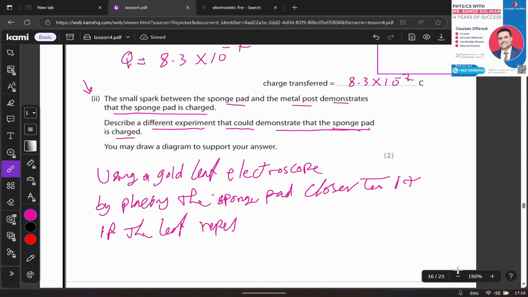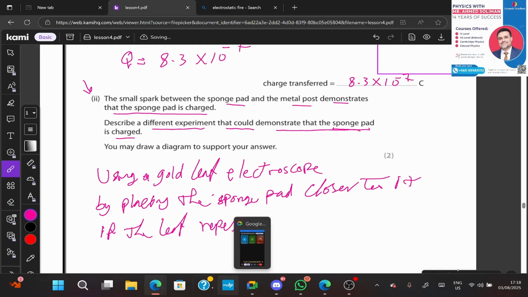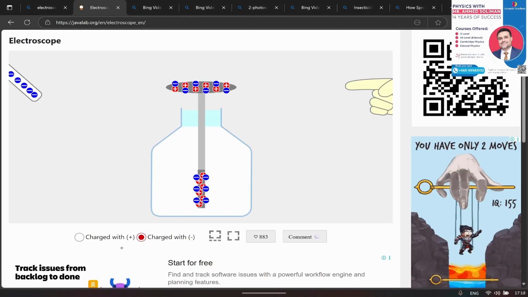Look Bara, do you remember or did you forget the video that I made? Yes. Look, if you bring it closer, is there anything happening to the gold leaf so far? No. When you make it closer, what happened to the gold leaf? Attract or repel? Repel. So if you make it closer to the electroscope and the gold leaf repels, it means the object is charged.